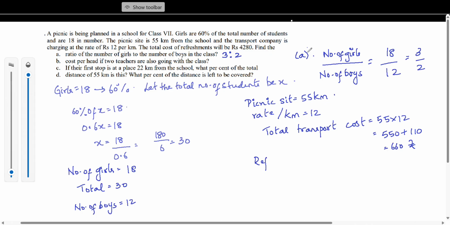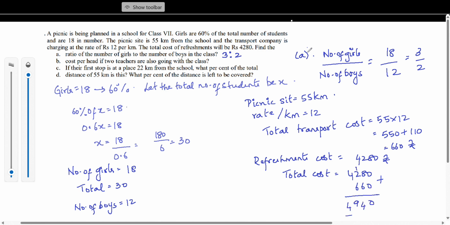It says the refreshment cost. A bulk amount is given. So that puts the total cost at 4280 plus 660, which is 4940 rupees.